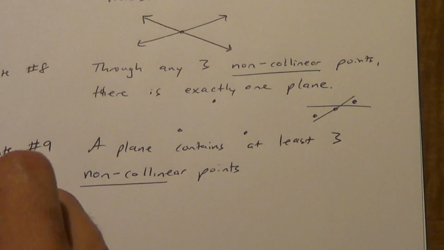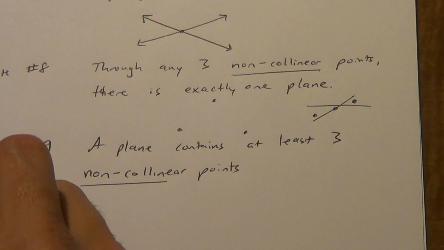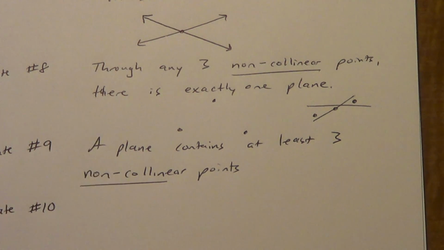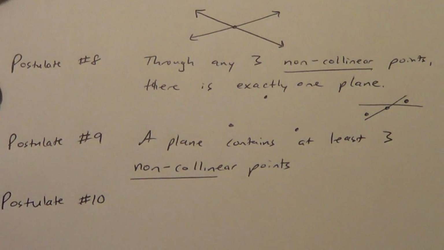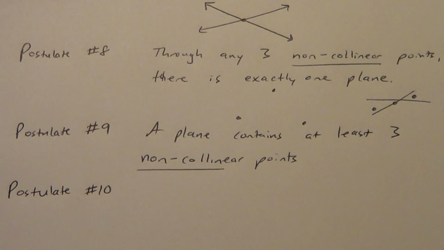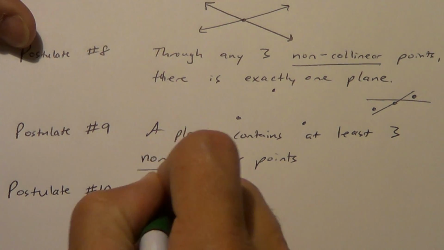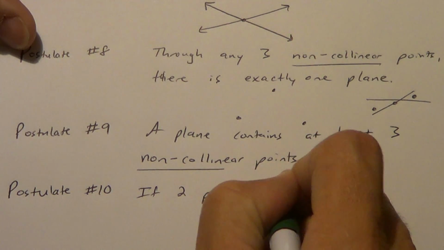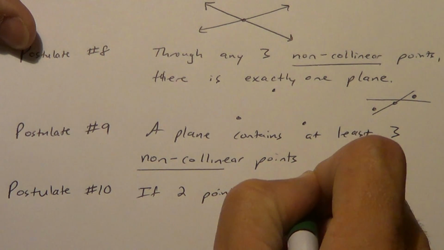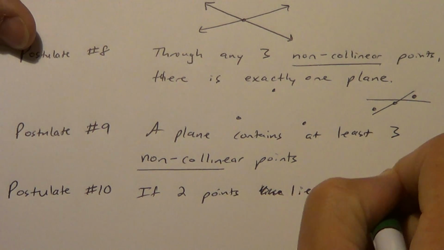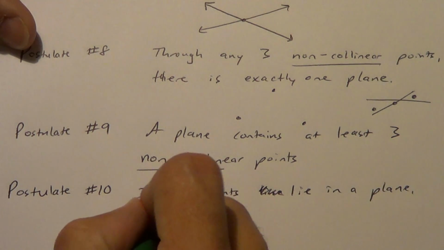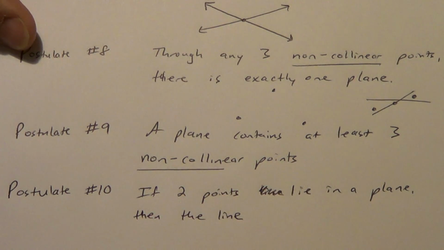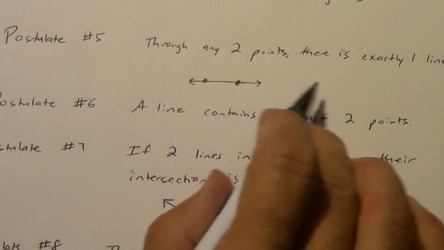Postulate number 10. This one right here is probably the most confusing one of the bunch. The good thing is we don't use it a whole lot either, okay? But if 2 points lie in a plane, not line, lie in a plane, then the line, remember back up at our first one, through any 2 points there's exactly 1 line.